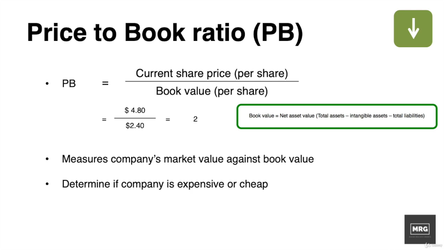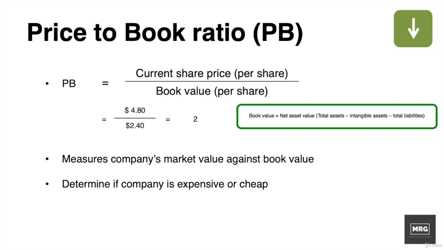In this example, assuming the share price is 480 and the book value per share is 240, you will get a price to book ratio of 2. It's a means to measure a company's market value against its book value, and it is also a way to determine if a company is expensive or cheap. Top right corner, arrow pointing downwards.